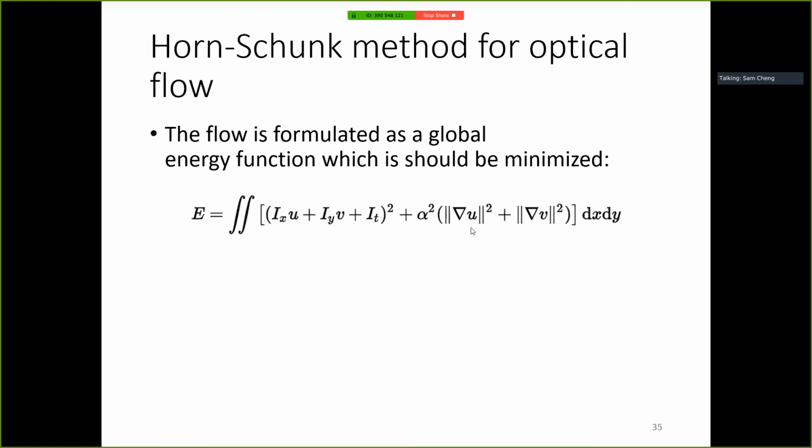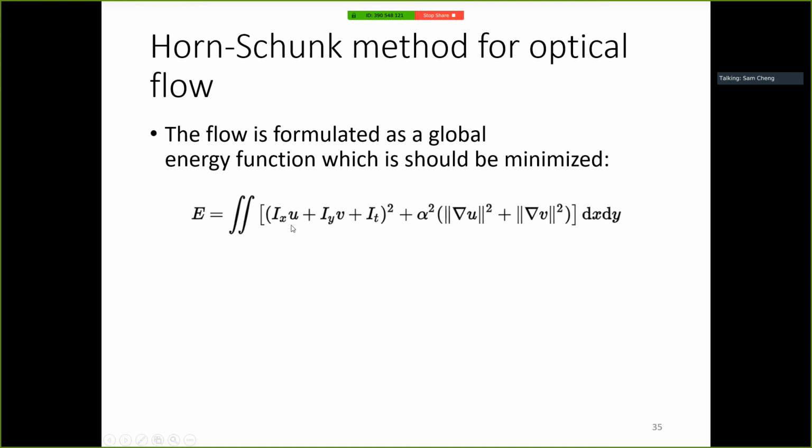And I just want to make the UV smooth. So I can introduce this gradient of U and gradient of V. This is just the regularization. I want to make the change of UV in both XY directions small. And I can put an alpha here, a parameter to trade off the energy function somehow. It just makes this constraint stronger or weaker.